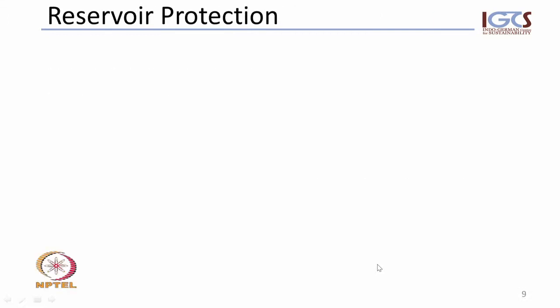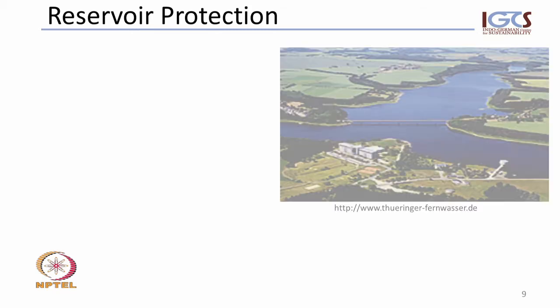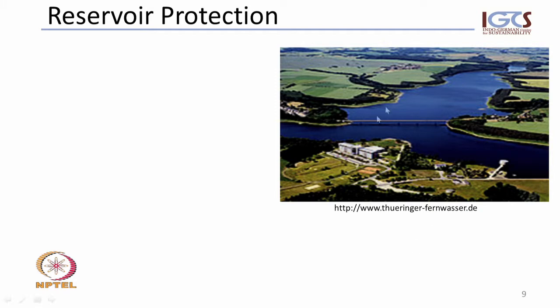Now, let's look into how these source water protections take place in reality for surface water components, the reservoir protection. This is just an example of a water reservoir here, a large artificial lake.